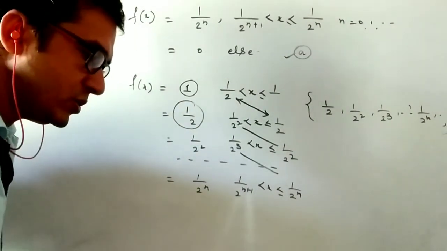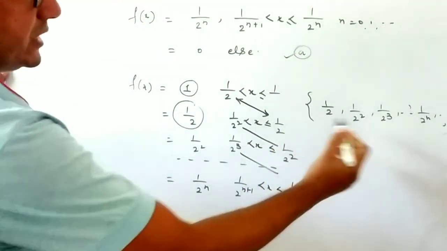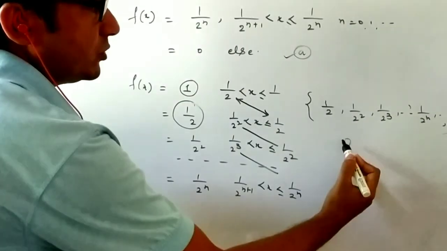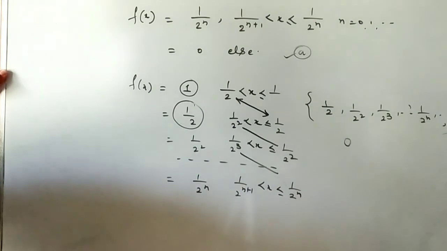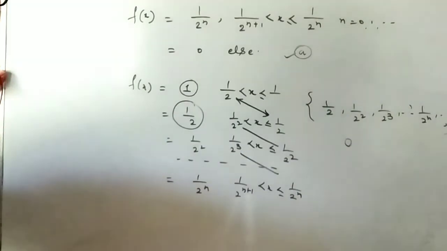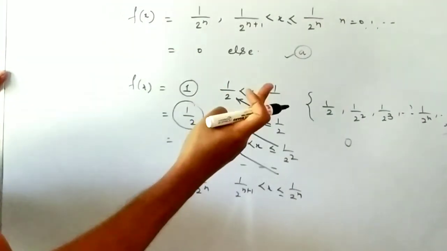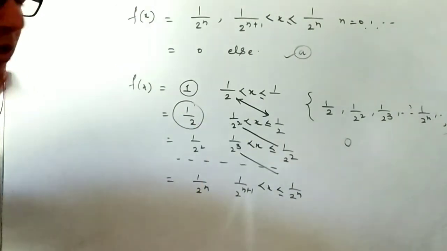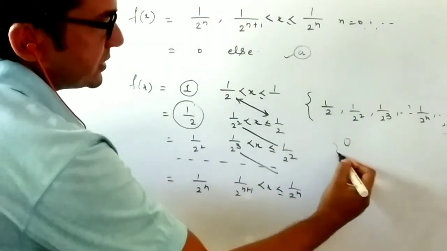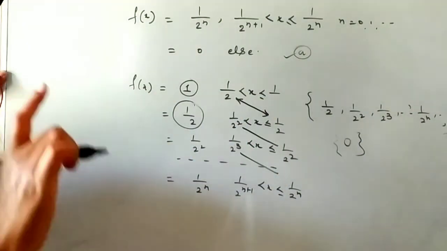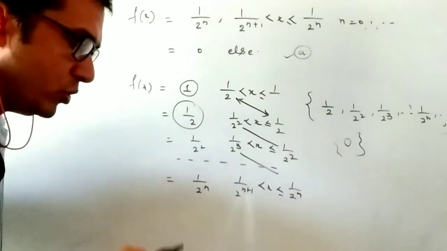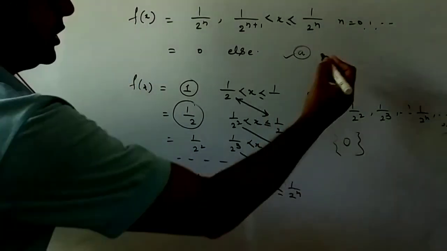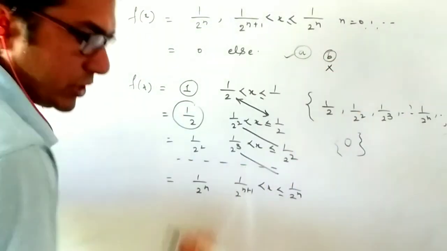And this set has only one limit point, 0. Clearly 0 is the limit point of this set, because as n tends to infinity, half to the power n tends to 0. So this set has only one limit point, which is 0. And option B, f has a finite number of points of discontinuity, is not correct.